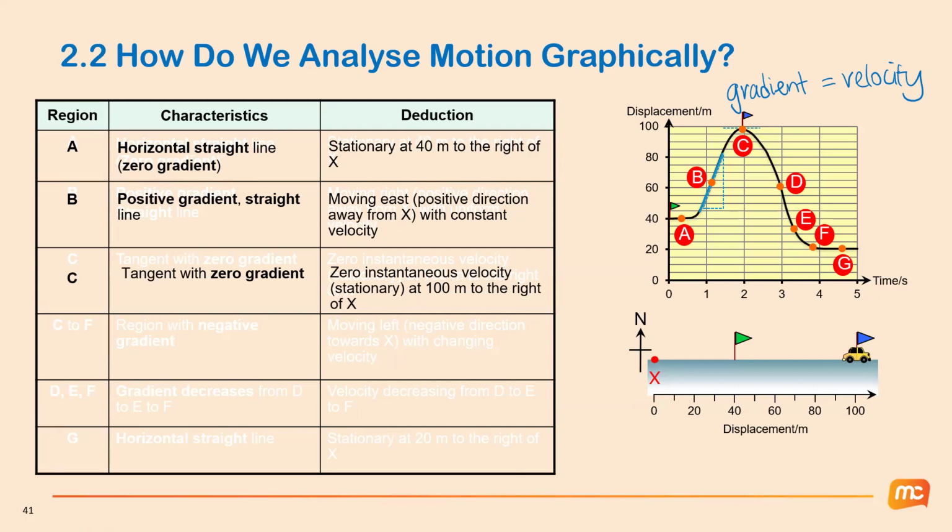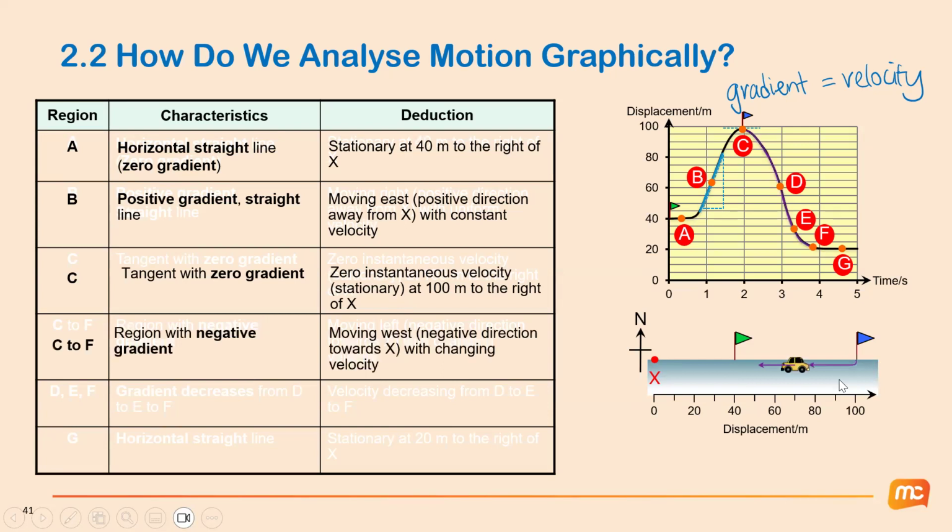So if there is negative velocity, it simply means I am moving in the opposite direction. So the car is no longer moving forward towards the right. Now the car is moving in the opposite direction, which is to the left. So from C to F, the car is actually moving backwards to my starting point in the opposite direction.